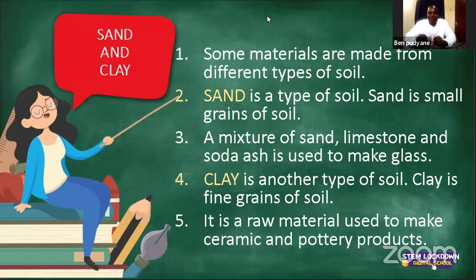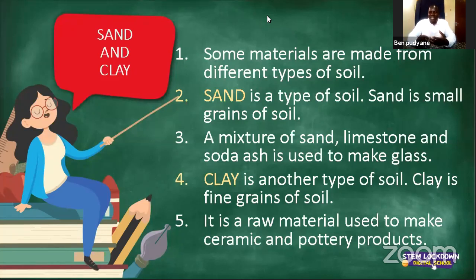Okay. We use sand and what? Soda ash, yes? Clay. Including what? I mean those things used to make glass. Sand. Clay. Okay, no, you are wrong. Clay is not correct.